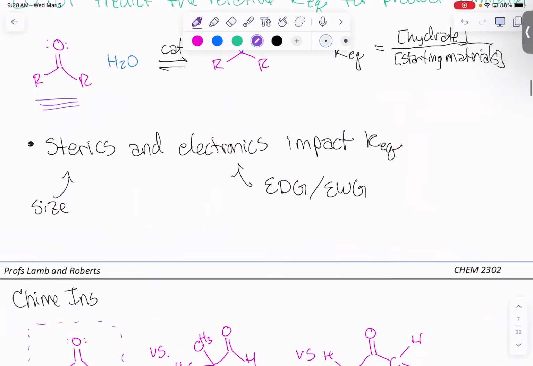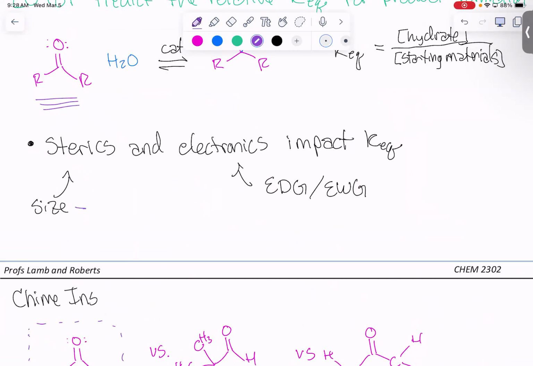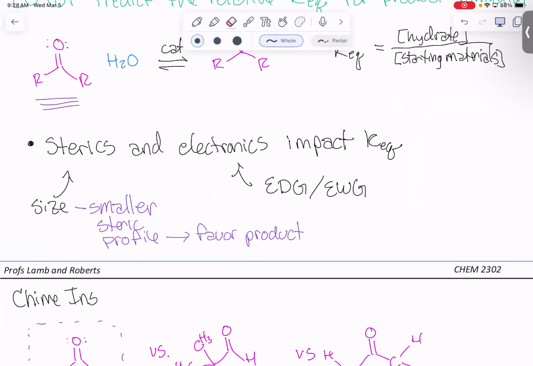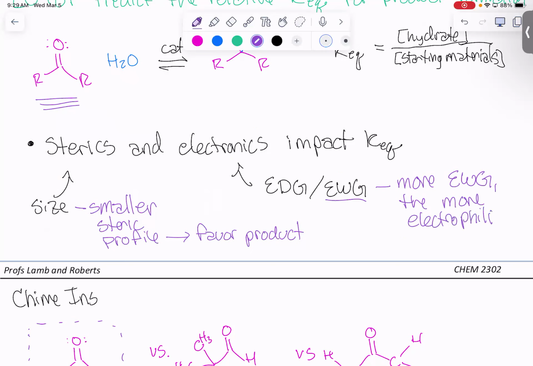Let's go back up here and say sterics, the size, the smaller steric profile is going to favor product, right? And we can say of electron withdrawing groups, the more electron withdrawing groups, the more electrophilic, and that favors product.